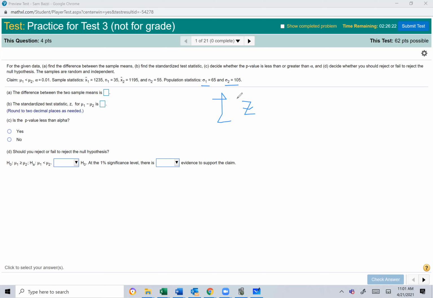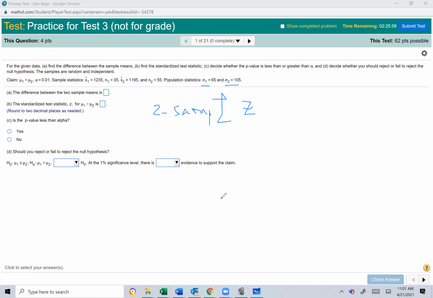It's not a one-sample Z-test because he gives you two samples, so it's a two-sample Z-test. Again, for students who are wondering why: he gave me sigma, he didn't give me S, and when he gives you sigma, we're stuck with a Z distribution.